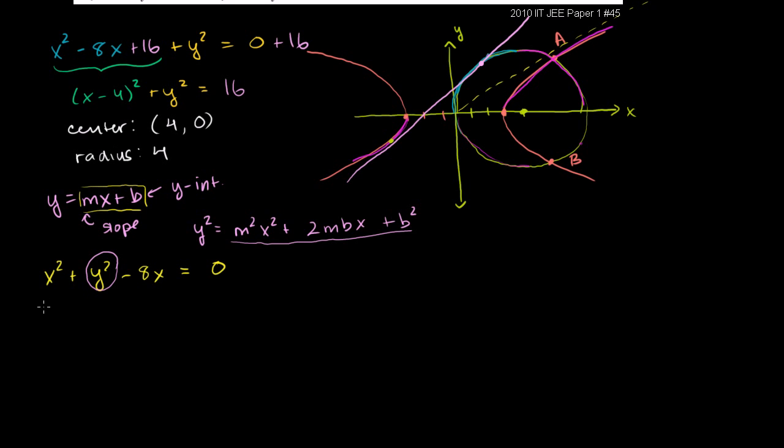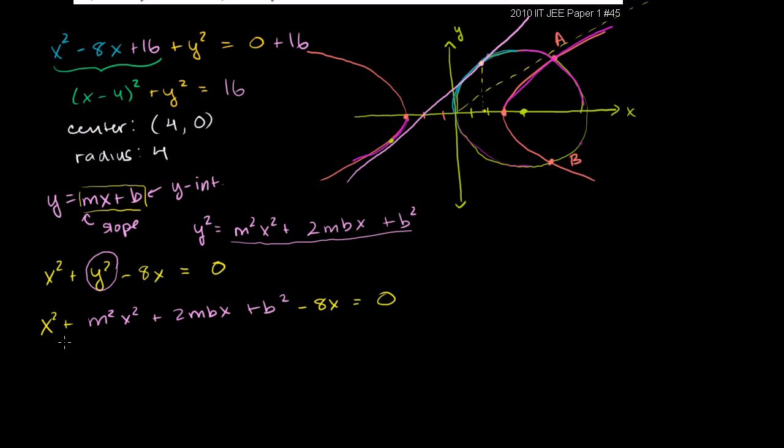And so the expression for the x point of our intersection is going to be x squared plus all of this business, that's the y squared, m squared x squared plus 2mbx plus b squared, minus 8x is equal to 0.